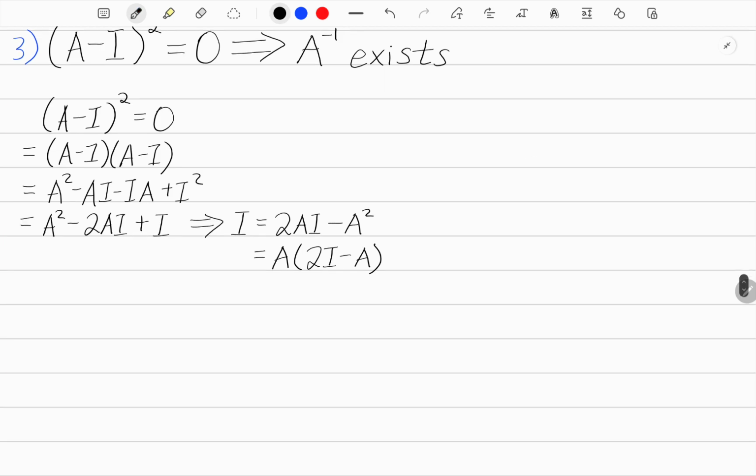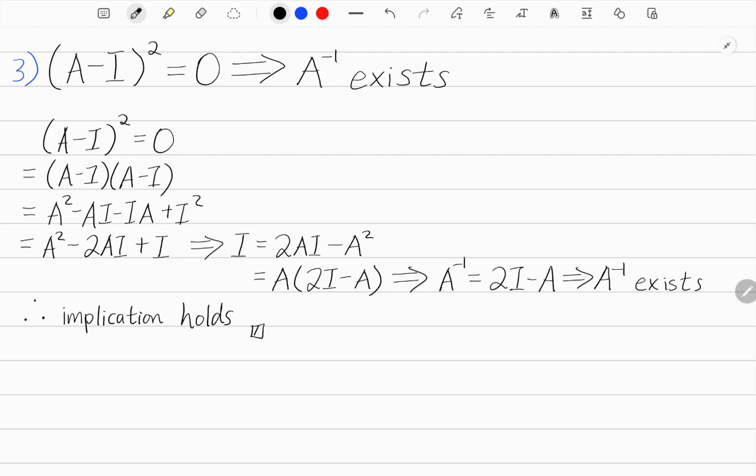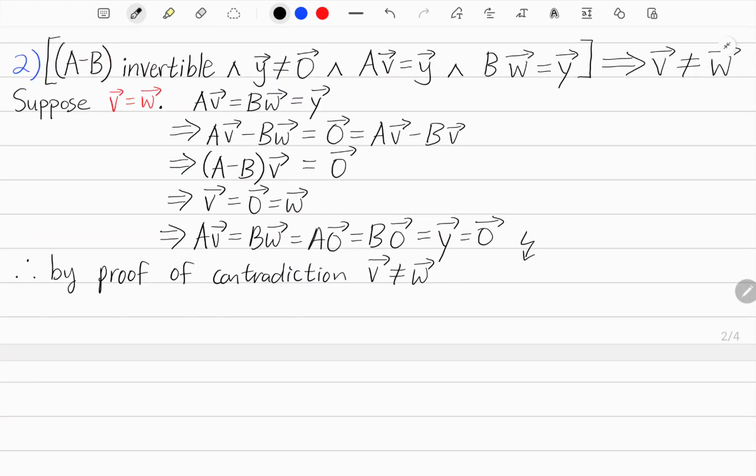Then we can imply that A inverse is equal to 2I minus A, which implies A inverse exists. Therefore, the implication holds.